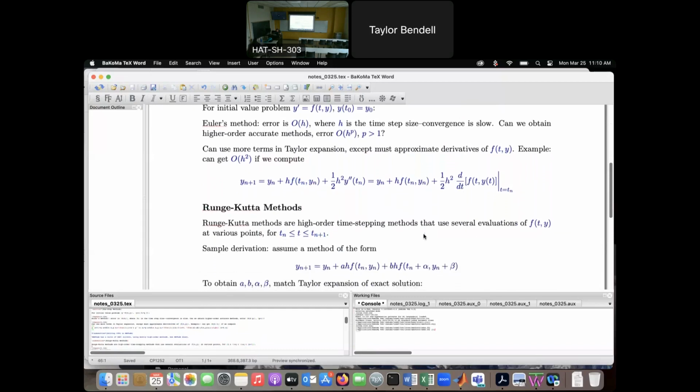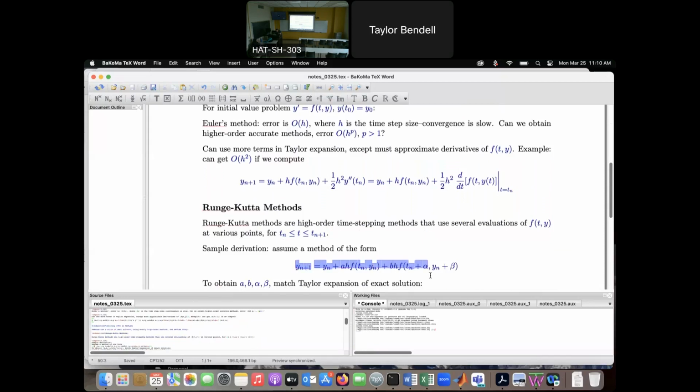To give you an idea, I'll give you an example of how a Runge-Kutta method can be derived. We're going to impose a structure on the method, something in this form. We have two evaluations of f. One of them has the same arguments as for Euler's method, but then we have a second evaluation of f at a different time and a different solution value.